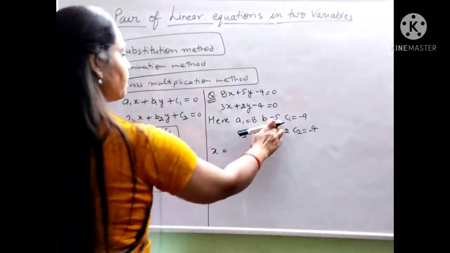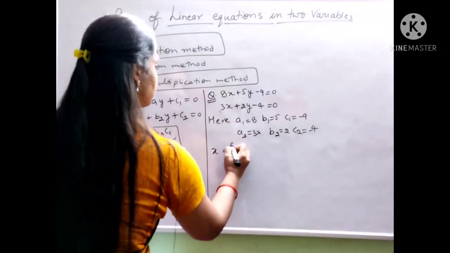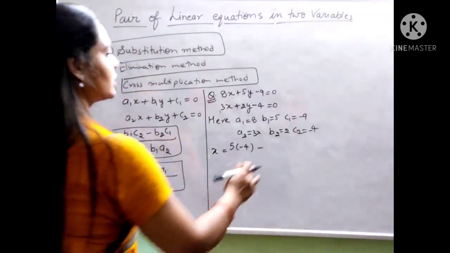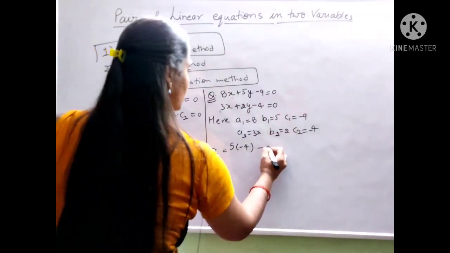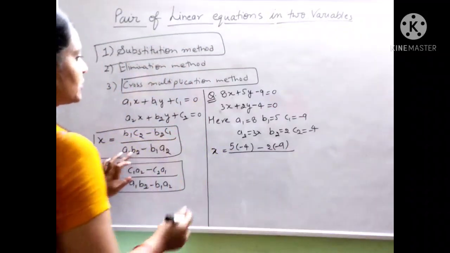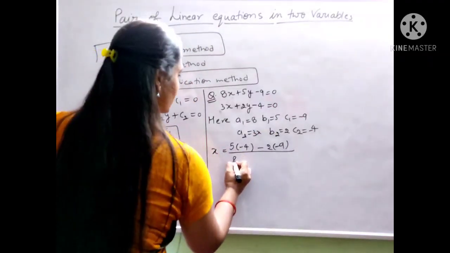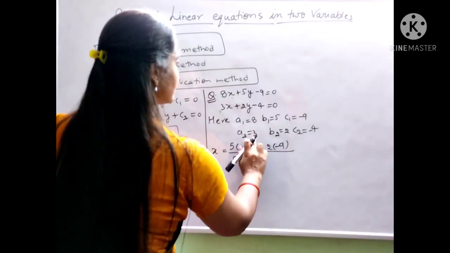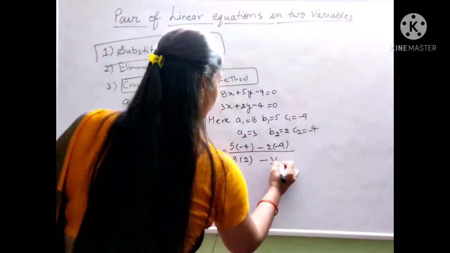B1 C2, that means 5 into minus 4, minus B2 C1, 2 into minus 9, divided by A1 B2, 8 into 2, minus 3 into 5.